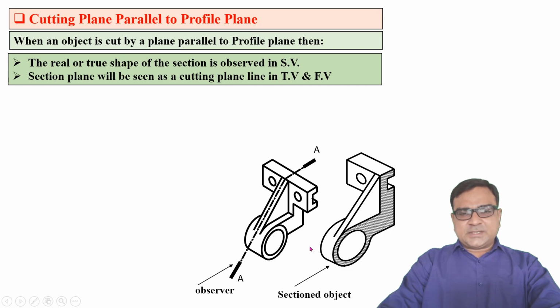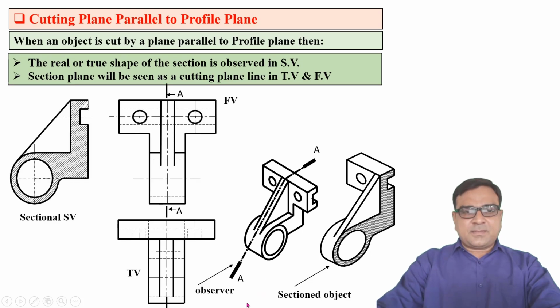If you want to draw the sectional side view, then we have to cut the object with a profile cutting plane. Now this is the front view for the full object, the top view for the full object, and the right hand side view. This is a sectional side view.